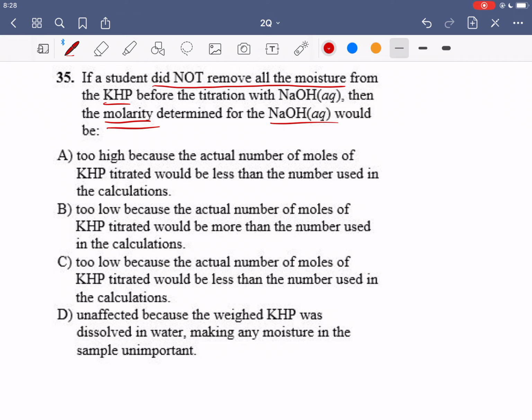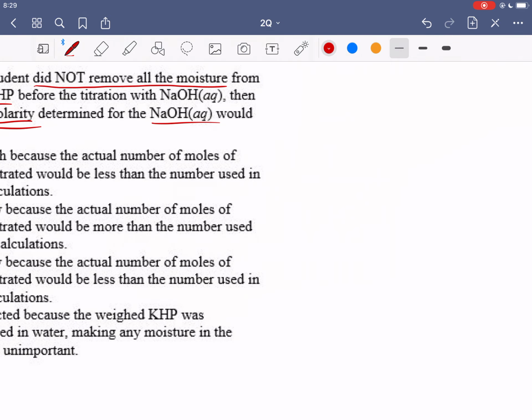If there were water molecules in something and you were supposed to take those out before you were doing your experiment, you would know that that now messes with your calculations. In the table, we just showed that they measured the mass of the KHP, and moles is given by mass over molar mass. After getting the mass, they then wrote down, okay, this is my moles. This is how many moles I have of KHP.